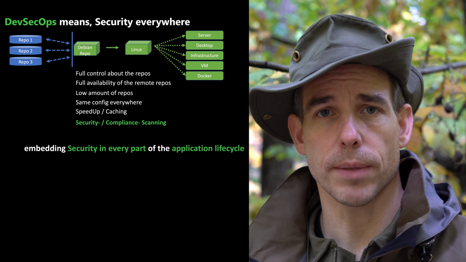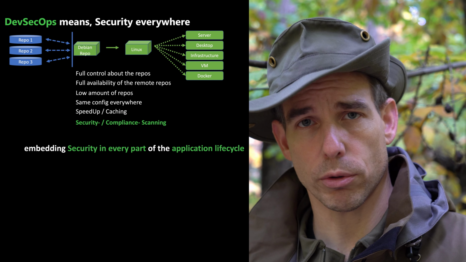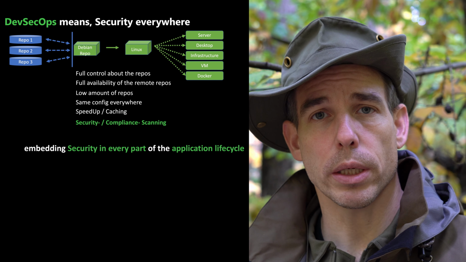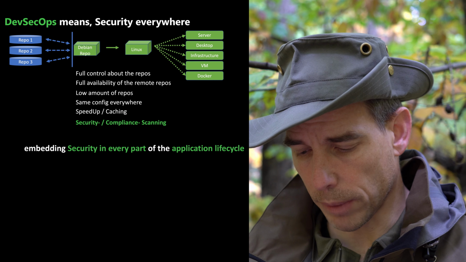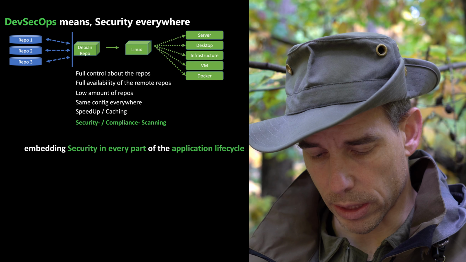So good advice is: the local one for your own patches, or if you're creating your own binaries. The remote ones are just a connection to the outside world, and then you aggregate these into the virtual one so that you have access every time, everywhere.